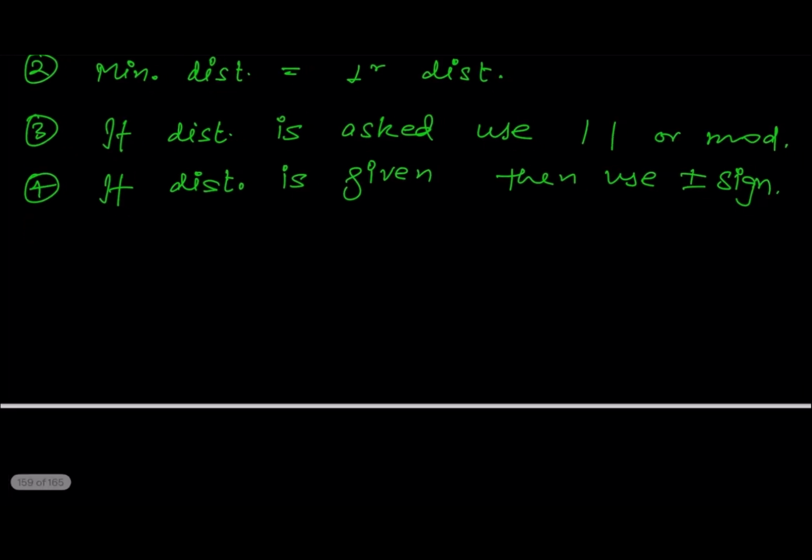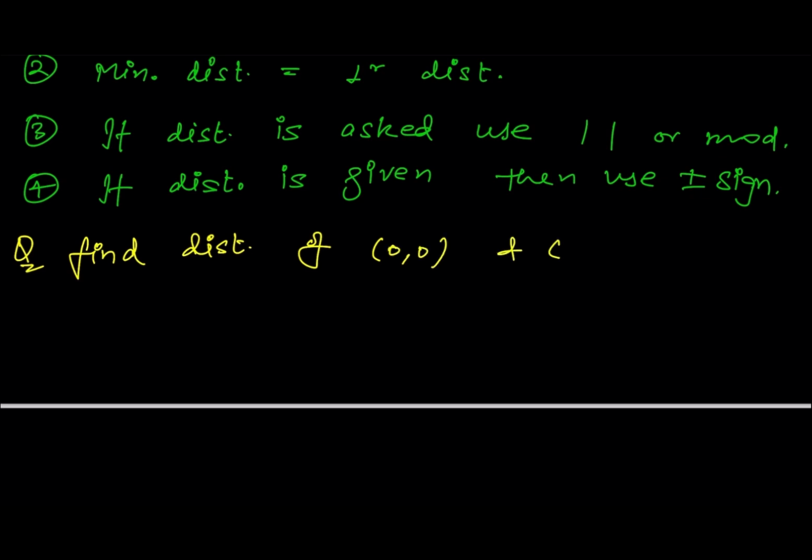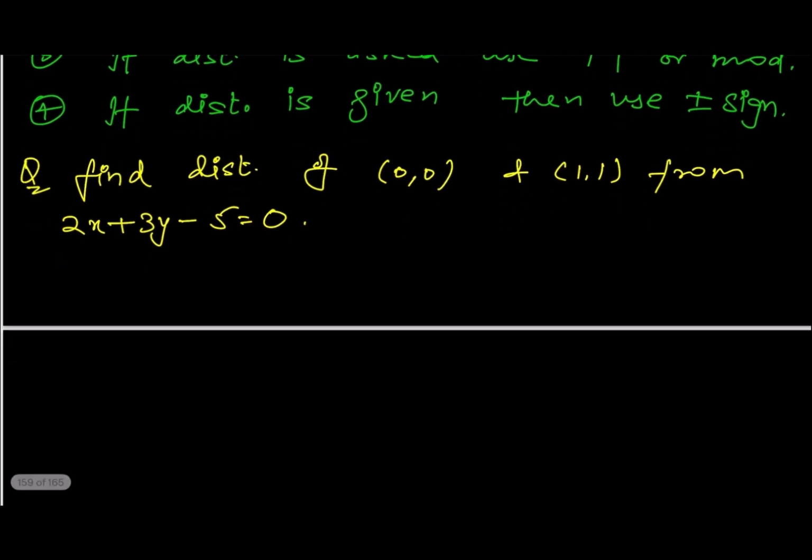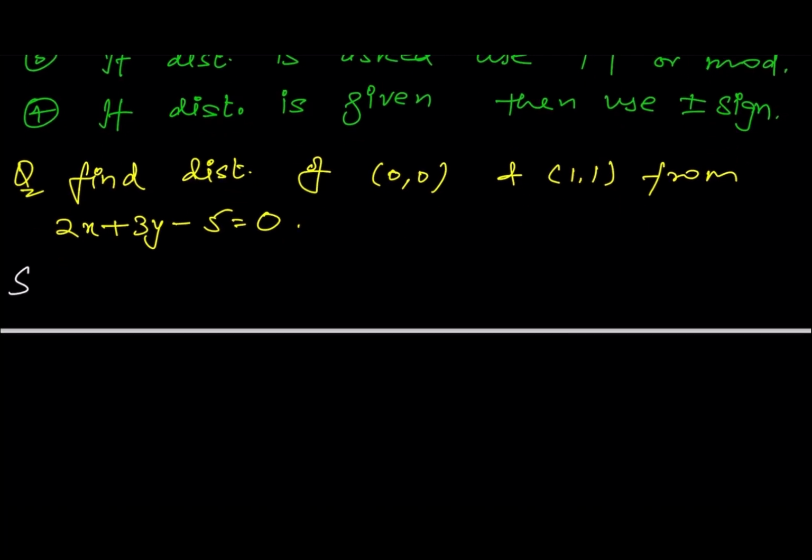Now for example, take a question, find the distance of 0, 0 and 1, 1 from 2x plus 3y minus 5 is equal to 0, right? So point is 0, 0 and line is 2x plus 3y minus 5 is equal to 0.